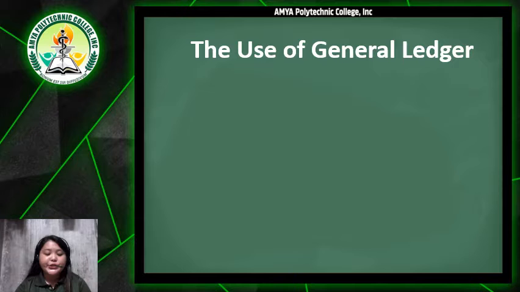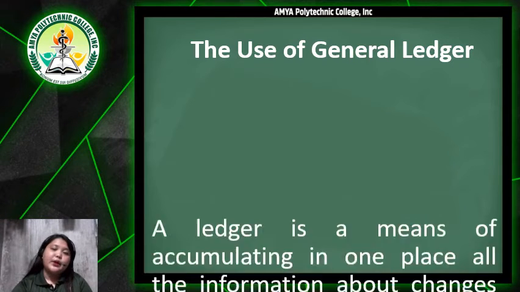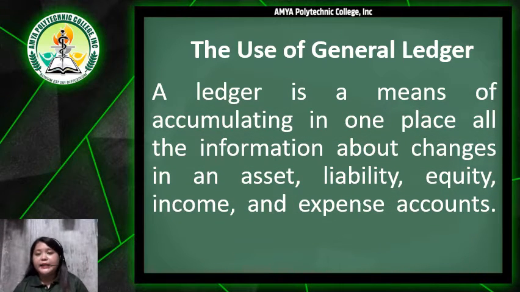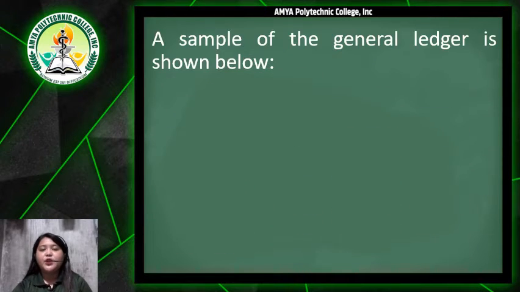we have the use of the general ledger. A ledger is a means of accumulating in one place all the information about changes in asset, liability, equity, income, and expense accounts. Here is a sample of the general ledger.